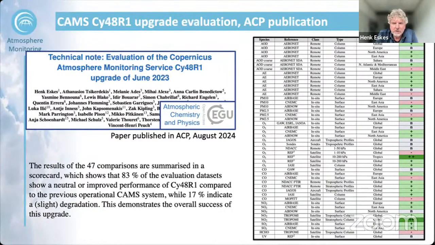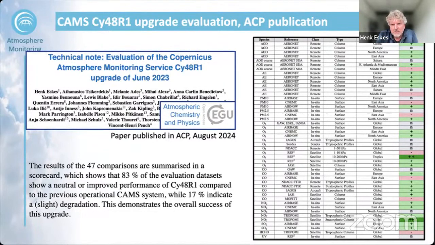And basically when the color is green, so on the vertical you have all the different data sets that we use for the evaluation, for the aerosol parts, for ozone, carbon monoxide, NO2, formaldehyde, UV, and then things like optical depth of aerosol, Angstrom exponent for aerosol, and also the PM.